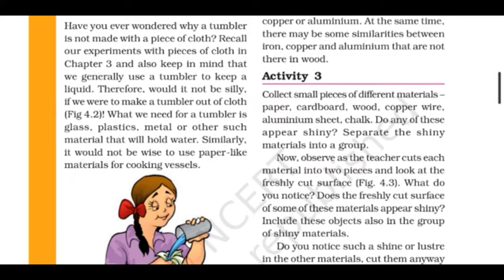The reason is cloth can't hold water, right? Once you pour some water, it will spread out from the cloth material. So we want to keep it in mind while manufacturing some products.